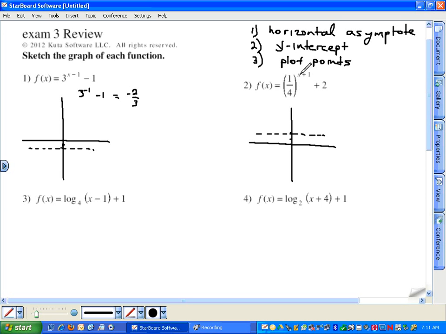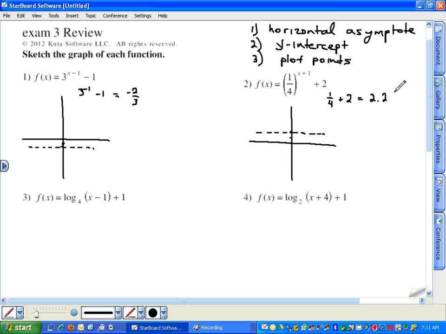And then over here, 0 plus 1 is 1. 1/4 to the power of 1 is 1/4. 1/4 plus 2 is 2 1/4. So that's just slightly above 2, right about there.